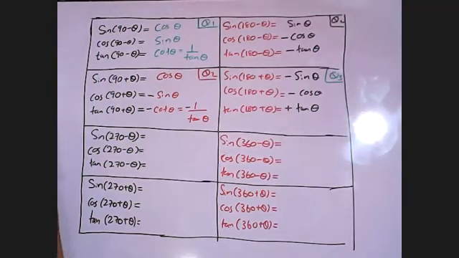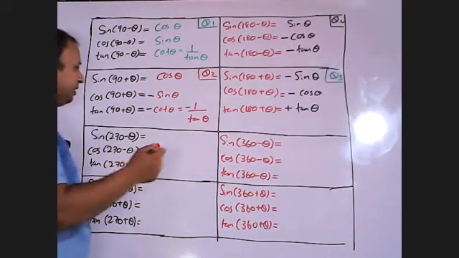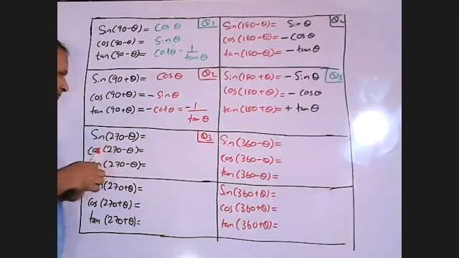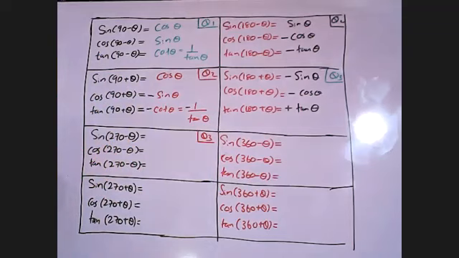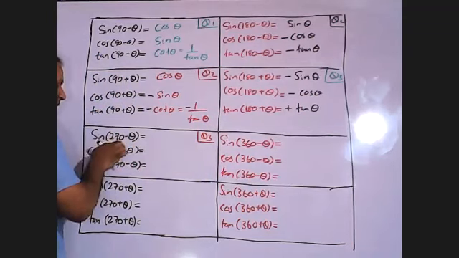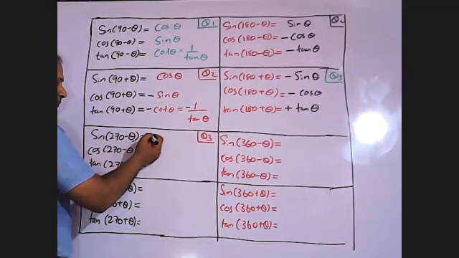270 minus theta belongs to which quadrant? Third quadrant. Very good. Then tell me the signs. First, we have to write the sign. Sine value of 270 minus theta, positive or negative?